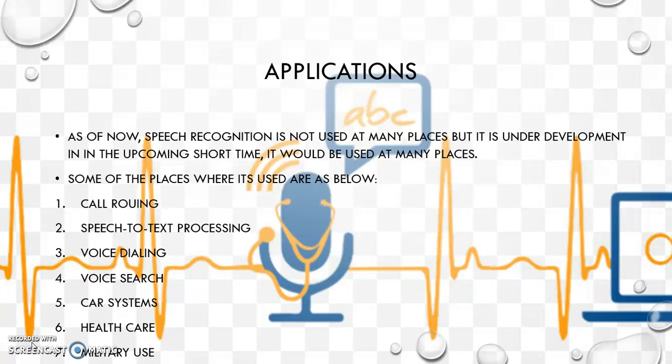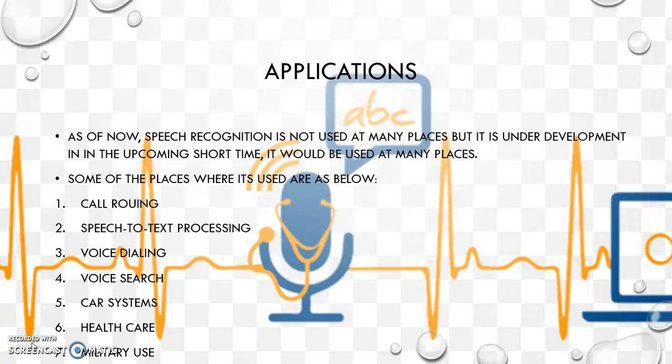Car systems: all the car systems have this feature nowadays. You might have used it or seen it on videos. If you say to the personal assistant, "Hey there, call Jacob," it will dial, or it will show you that it has two Jacobs in the phone directory list. You connect your device or phone to the Bluetooth or car system, and it will have access to all the information.